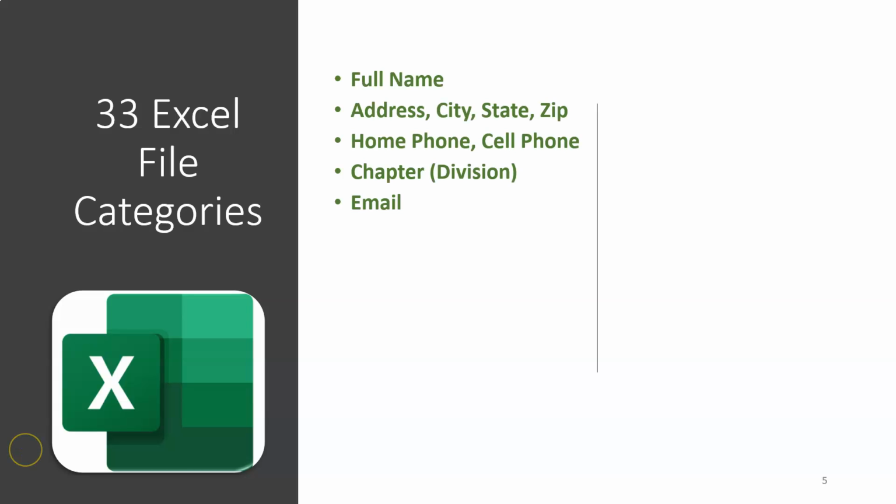Of the 33 categories or columns on the full spreadsheet, some items are commonly used by divisions in creating their division membership directory. Now, those items are listed here in green: name, address, city, state, zip code, home phone, cell phone, chapter or division number, and email address.